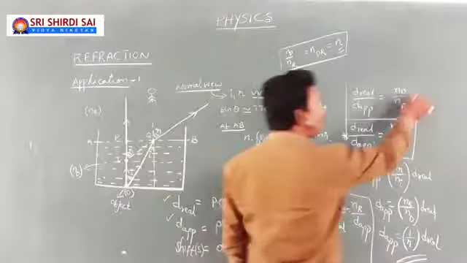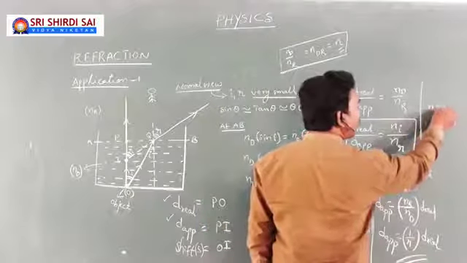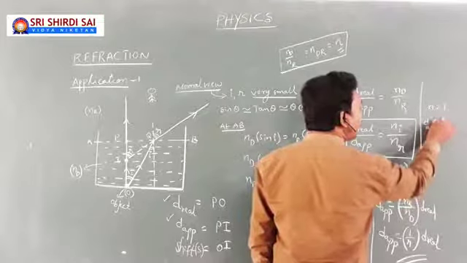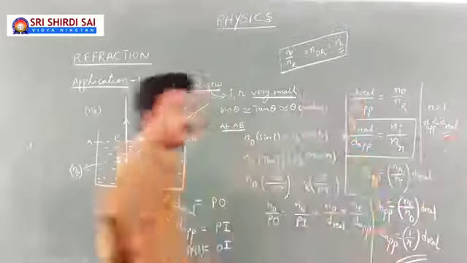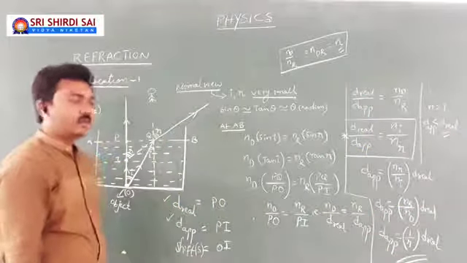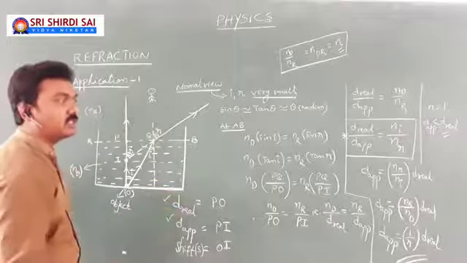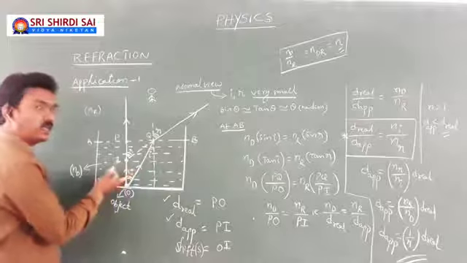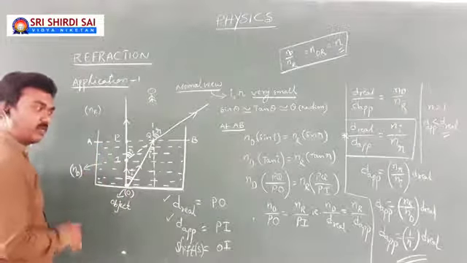You know for any material medium, N is greater than 1. So in this particular case, apparent distance will be less than real distance because N is greater than 1. You have learned this point already. So apparent distance equal to 1 by N times real distance. As N is greater than 1, apparent distance will be less than real distance in this particular case, when the object is in denser medium and the observer is in rarer medium.